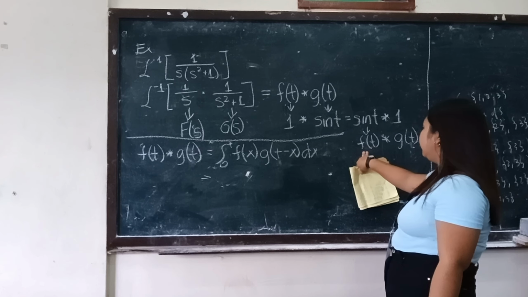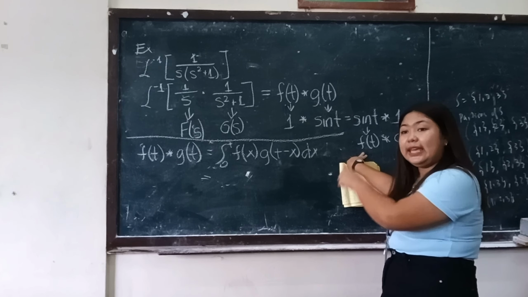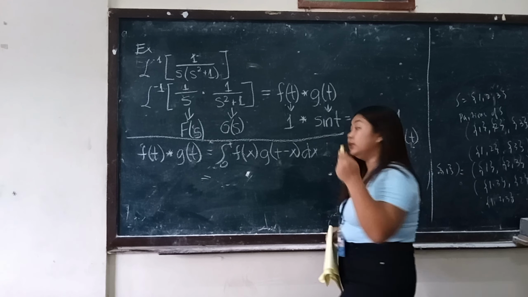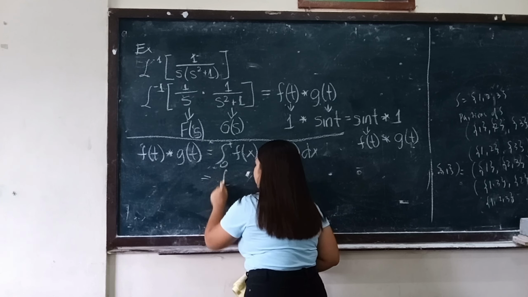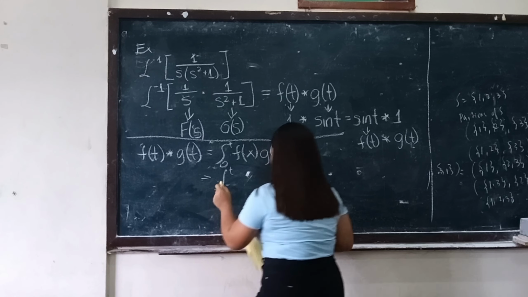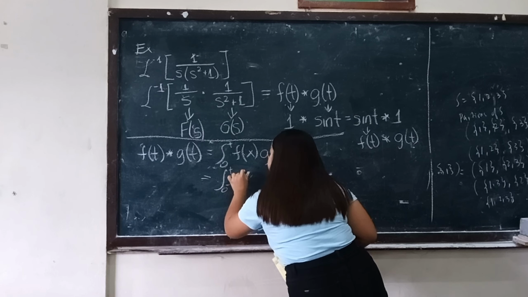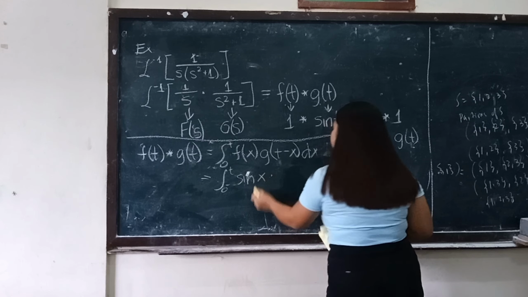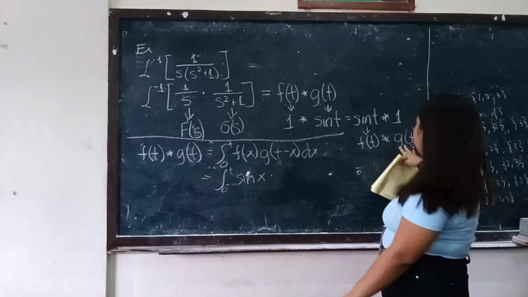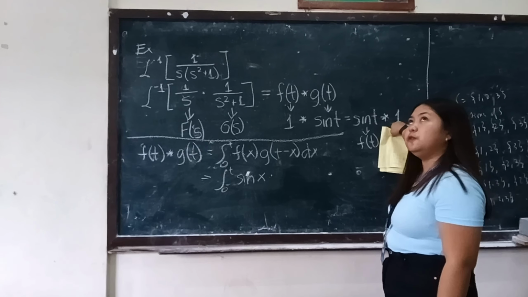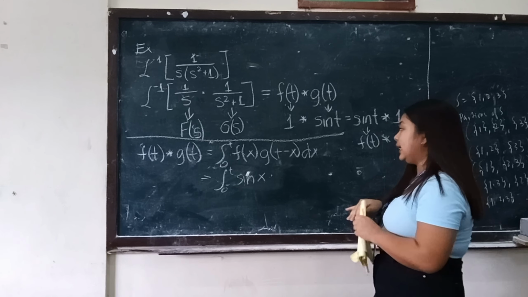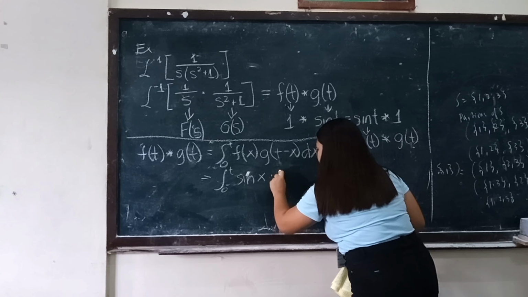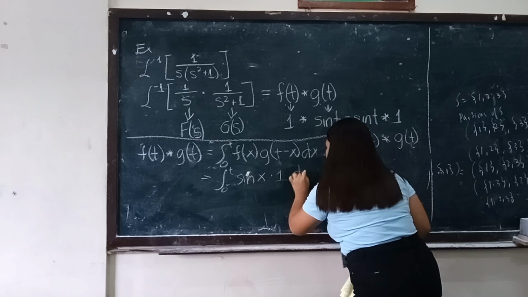The value of f(t) is sine t, so we substitute x, giving sine x. Since g is 1, there are no changes for g(t minus x), then dx.